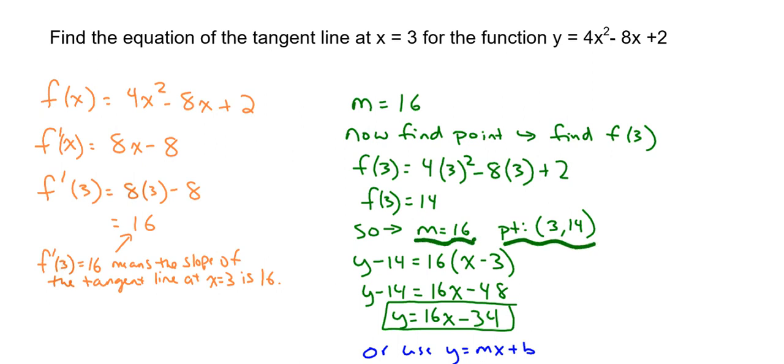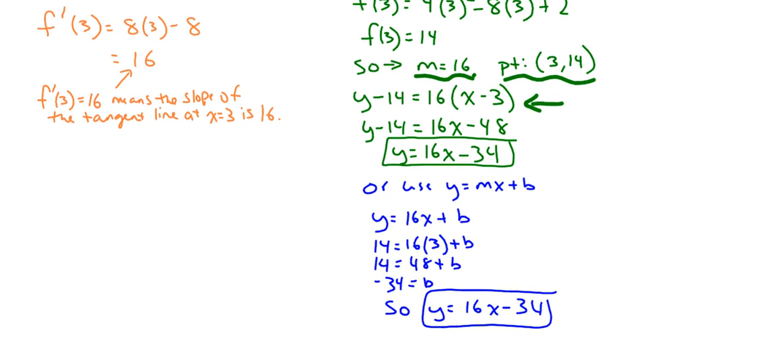Here's our slope. Here I used point slope, or you could use slope intercept. You get the same thing. I don't care which form you use. Point slope is easier if you have that memorized. Slope intercept, what you save yourself, 2 seconds using point slope. It doesn't matter to me which one you use.